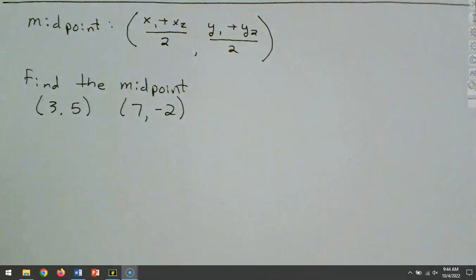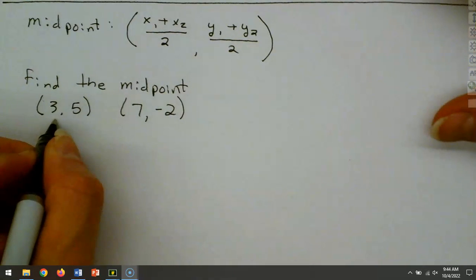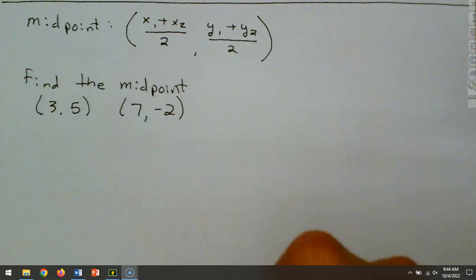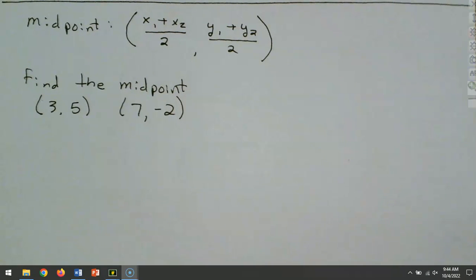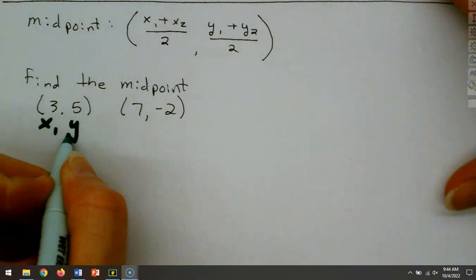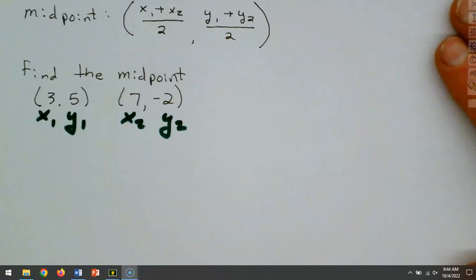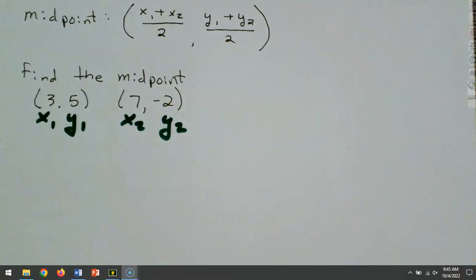The first thing we do, whenever we find the midpoint, the distance, or in the next section, the slope, we label our ordered pairs. So we begin by labeling our ordered pairs x1, y1, x2, and y2. Okay, so there's our numbers that are going to go into the midpoint formula.